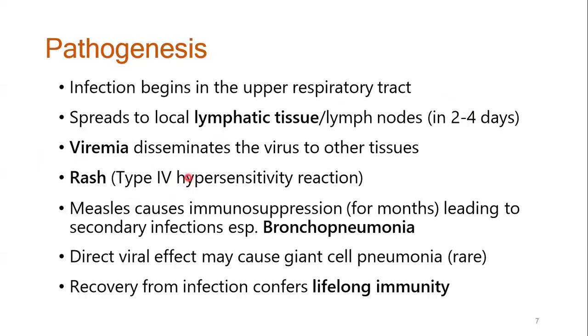So this rash is very, very important. You'll see in children, as I'm going to show you in the next slides, the rash is very specific for measles. It's a type 4 hypersensitivity reaction. Type 4 is usually a delayed hypersensitivity reaction. Hypersensitivity basically means your body is hypersensitive.